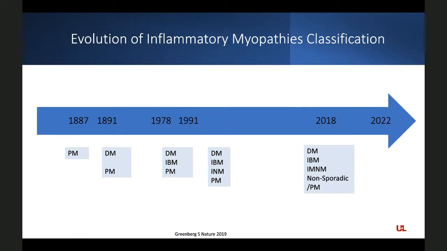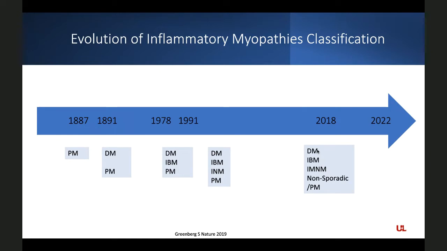The evolution of myopathies initially started off in 1887 with just a single entity of polymyositis. And it has come a long way since then, with multiple revisions in the classification of myopathies. It was up to about 100 years later that we had an entity called inclusion body myositis, and then in 2018 it was revised, and as of now the entity that we started off with, polymyositis, is absolutely not there as a separate classification.